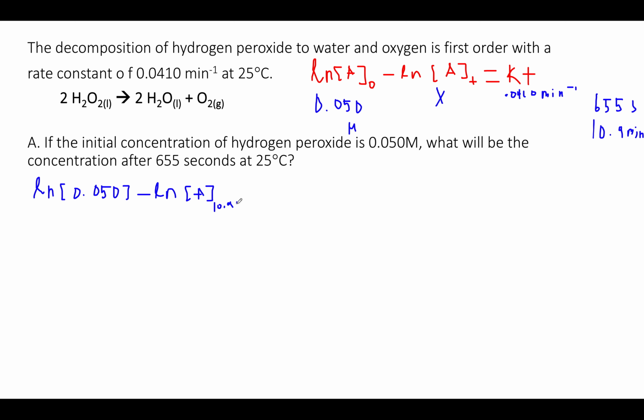Just put it in for T there. And that would equal the rate constant, K, 0.041 molar, times the time, 10.9 minutes.